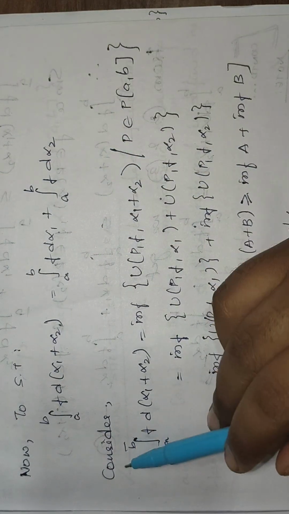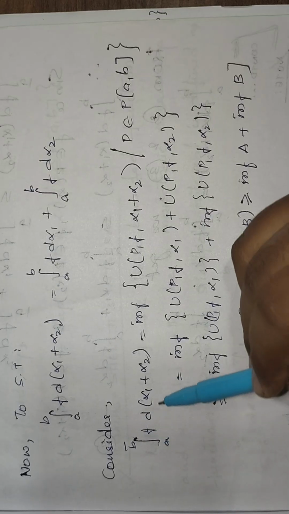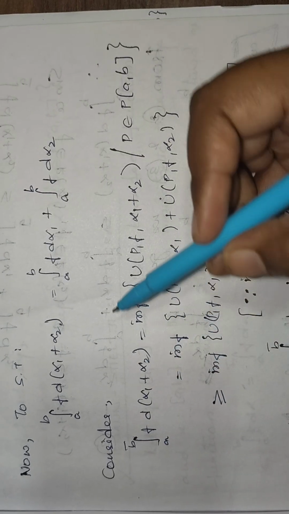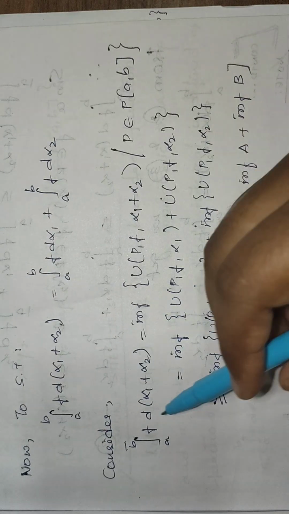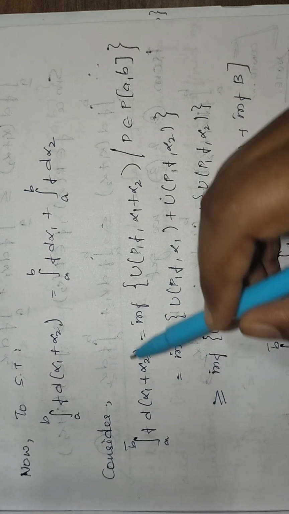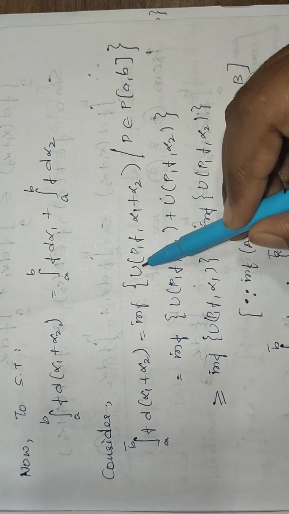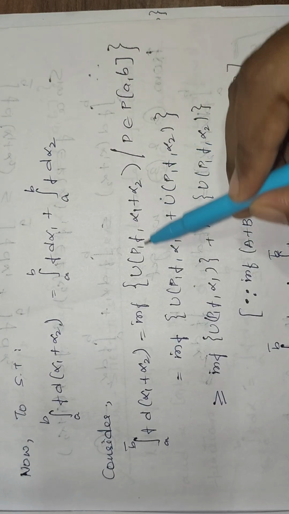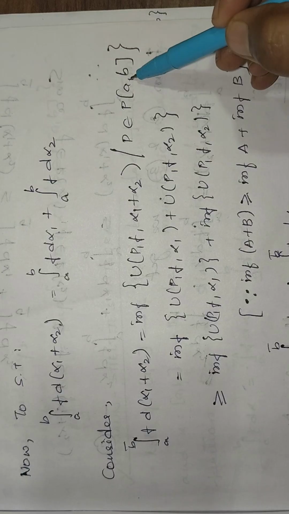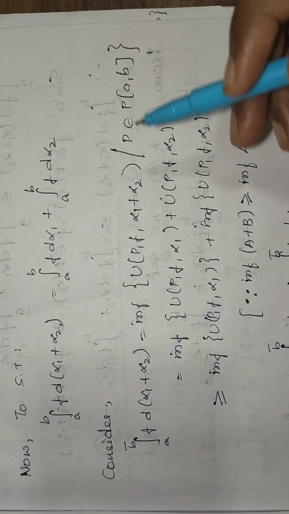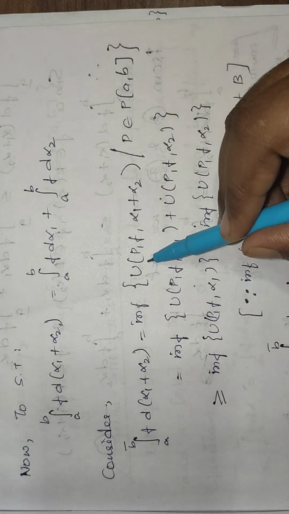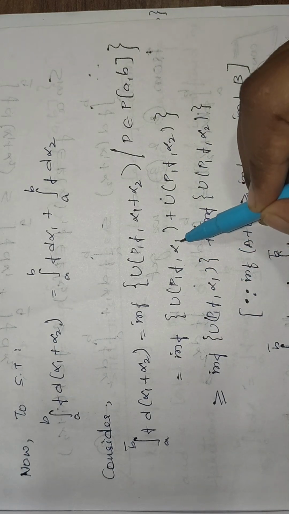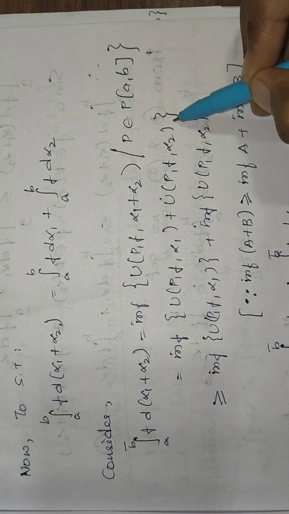So here we'll consider now the upper Riemann integral of f d(alpha 1 plus alpha 2). So according to the definition of upper Riemann integral, we have infimum of U of P comma f comma alpha 1 plus alpha 2, where this P belongs to the partition of closed interval [a, b]. And here this can be written as U of P comma f comma alpha 1 plus U of P comma f comma alpha 2.